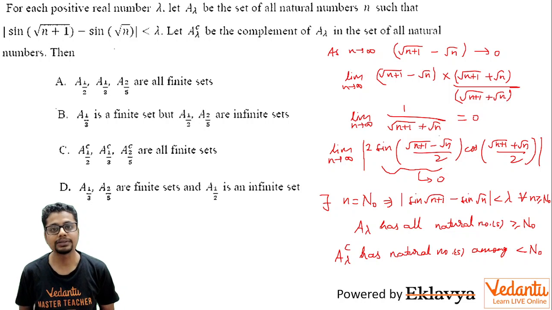The set of natural numbers has a lower bound of 1, and it is discrete: 1, 2, 3, and so forth.